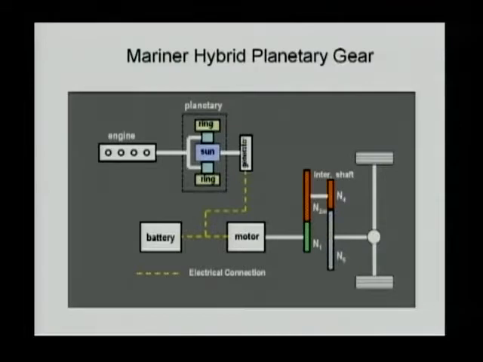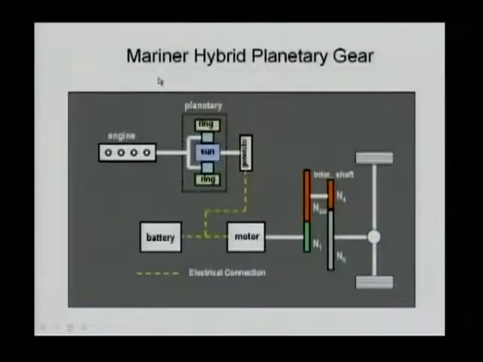So the engine is driving the carrier, and the carrier is driving the sun gear. And the sun gear is coupled to the generator. So the generator would generate electricity when the engine is in motion. And that electricity is delivered between the battery and the motor, so they're sharing the common DC bus.